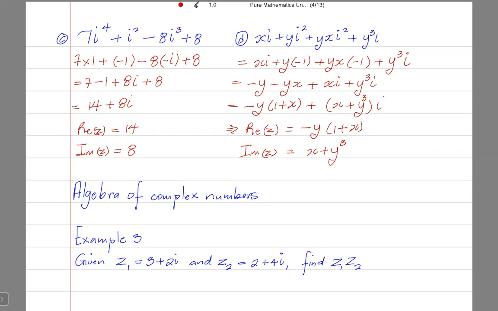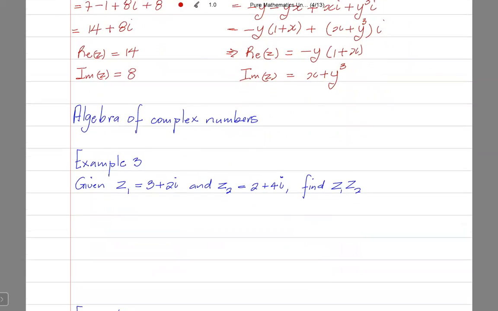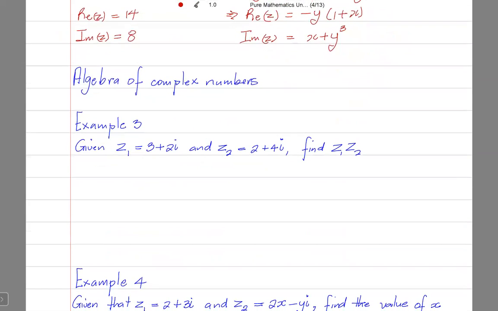All right, so algebra of complex numbers. Let's have a look at that. Example 3. So here we're asked to multiply these two binomials, z1, z2. So this is going to be 3 plus 2i multiplied by 2 plus 4i.